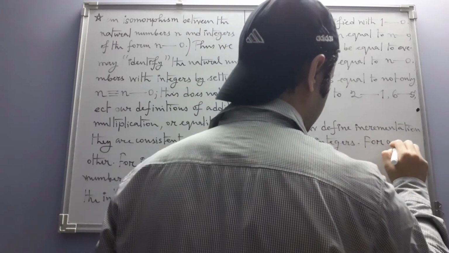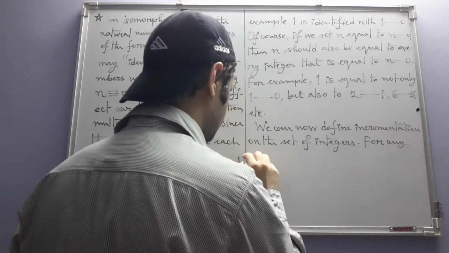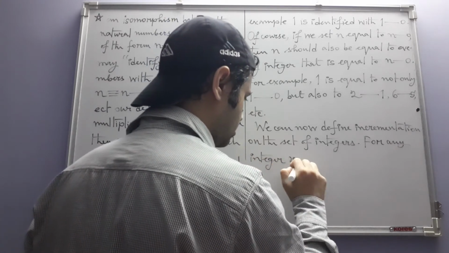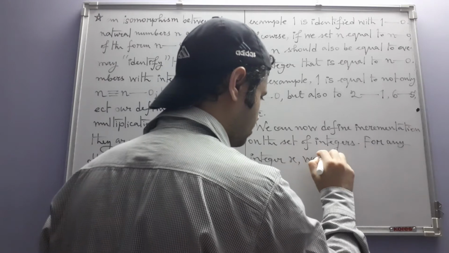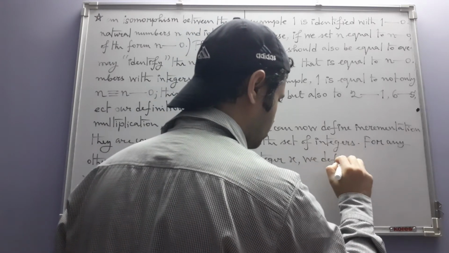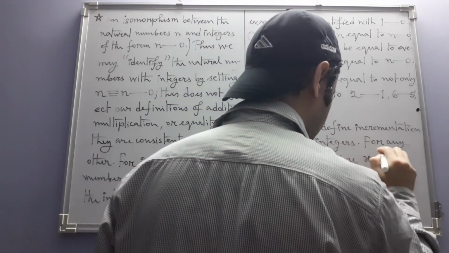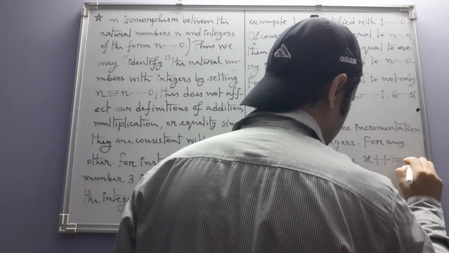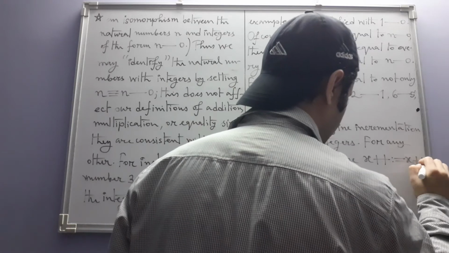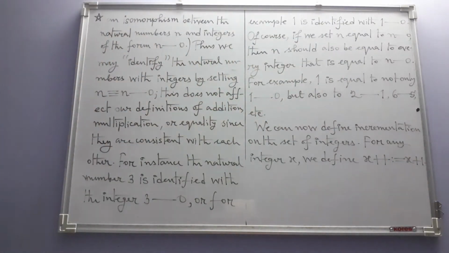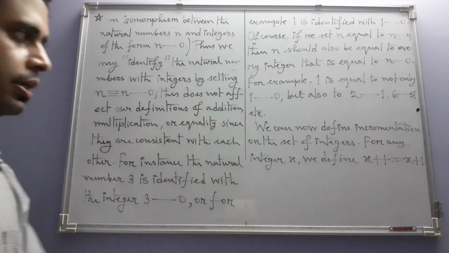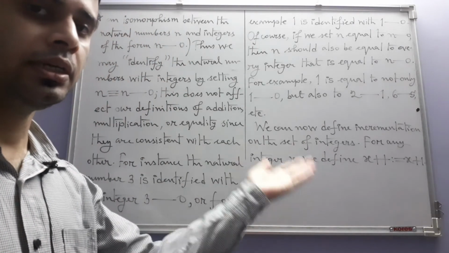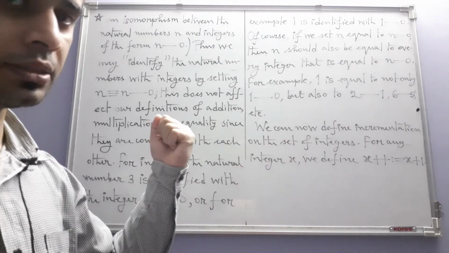For any integer x, we define the increment of x to be x plus 1. Okay, so increment is something that we have already seen in the very beginning of developing the system of natural numbers.